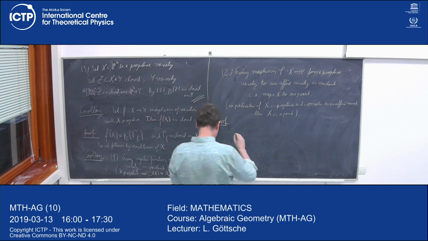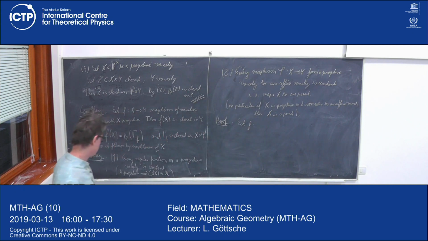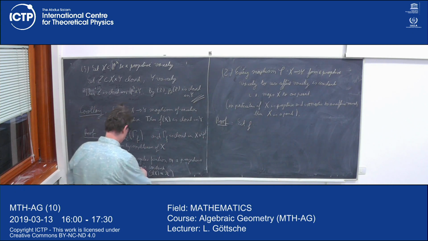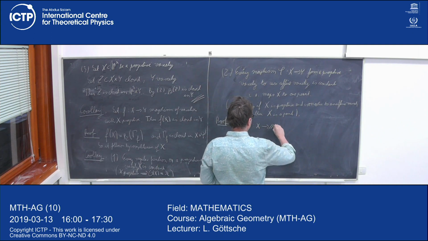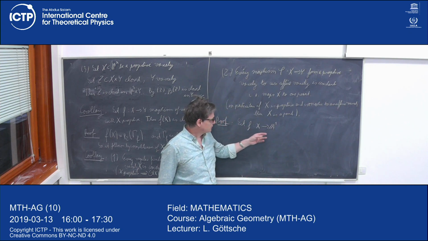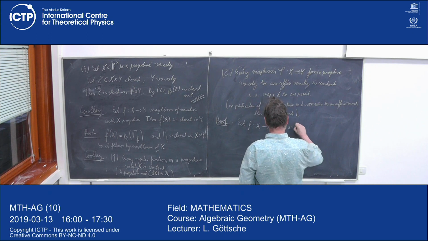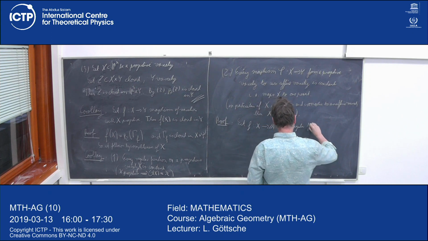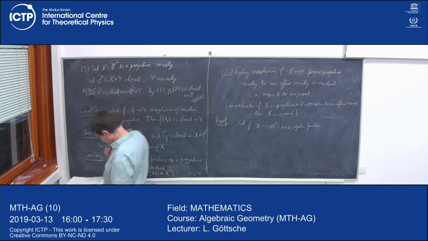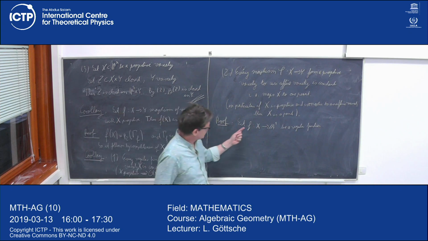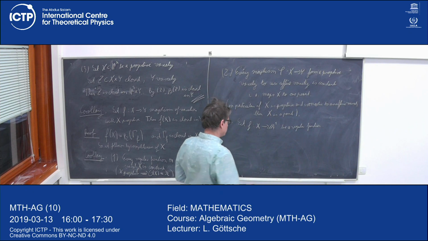So let's take a regular function. We have X projective, we call it X. We know that a regular function is just a morphism to A1. So now we have a morphism from X to A1, so it's a closed map, so the image of f must be closed.